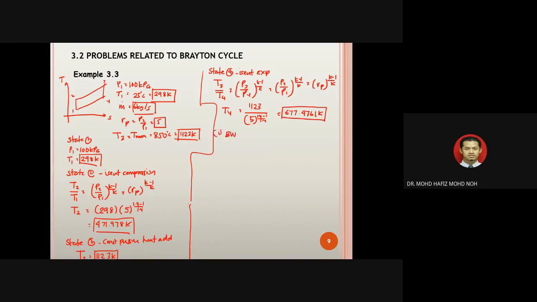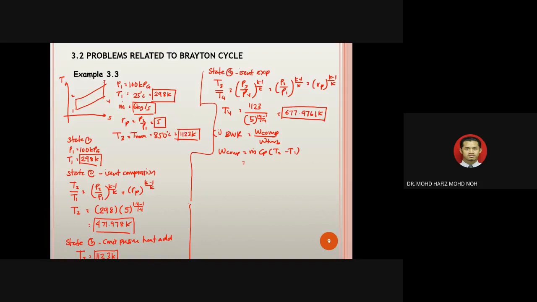Back work ratio. So back work ratio basically is simply W compressor divided by W turbine. W compressor is equal to m dot Cp (T2 minus T1).